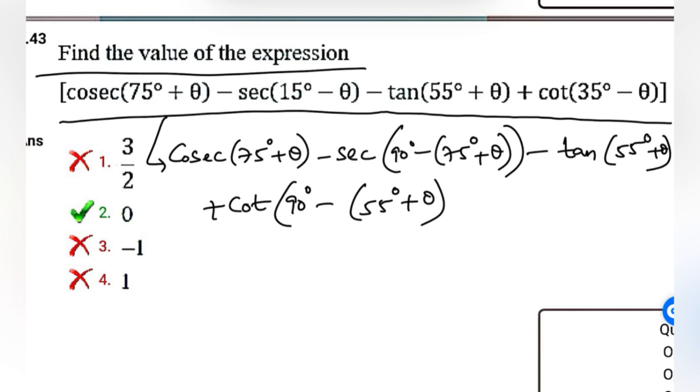We know that secant 90 minus theta is cosecant theta and cot 90 minus theta is tan theta.